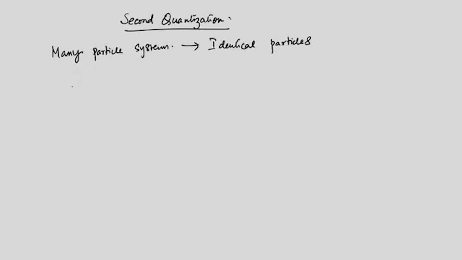So let's just talk about one particle to begin with. Let's say the state of the system is determined by this alpha 1.